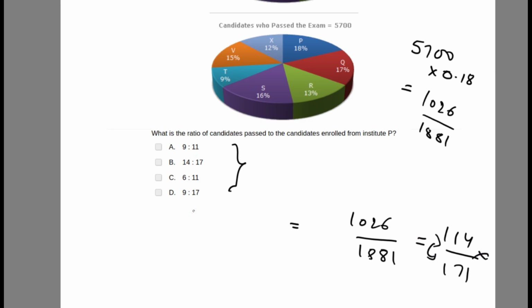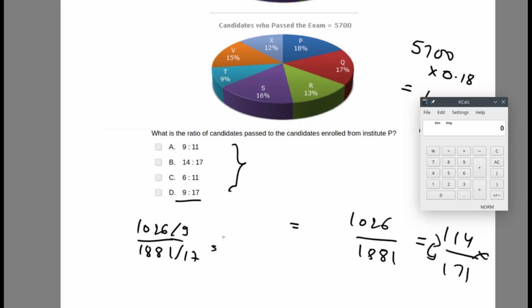Let's just move to the fourth one. 1026 by 1881, divided by 9 and divided by 17. Let's try this. 1026 by 9 is 114 as previously. 1881 divided by 17 is not the same.